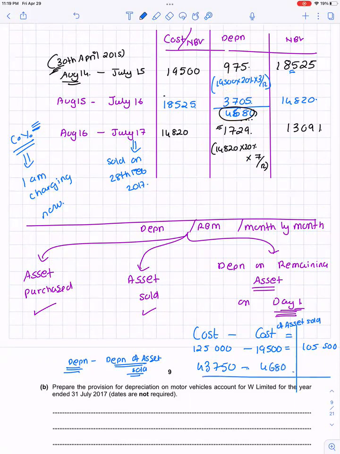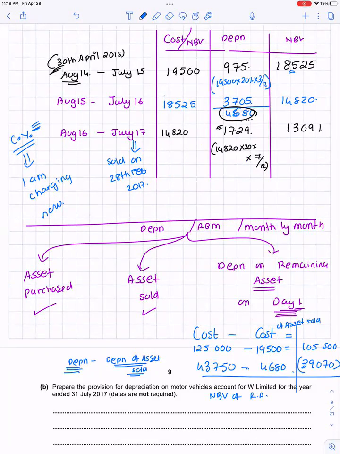So what is the net book value of remaining assets? 39,070.